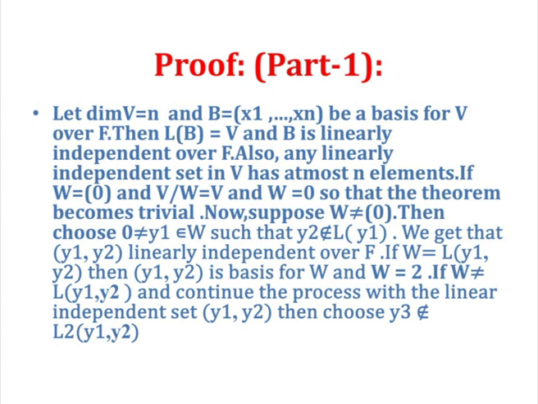Let dimension V equal n and B = {x1, x2, ..., xn} be a basis for V over F. Then L(B) equals V, and B is linearly independent over F. Also, any linearly independent set in V has at most n elements. If W equals 0 then V/W equals V and the theorem becomes trivial.